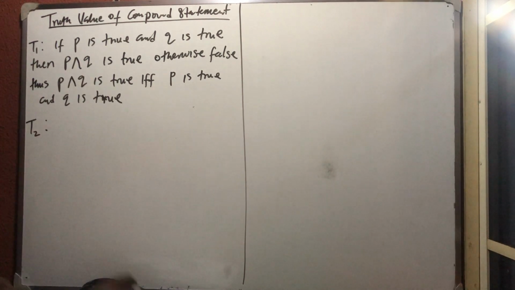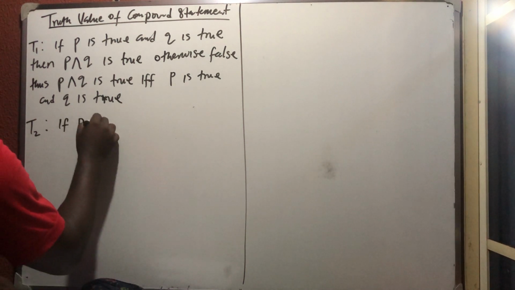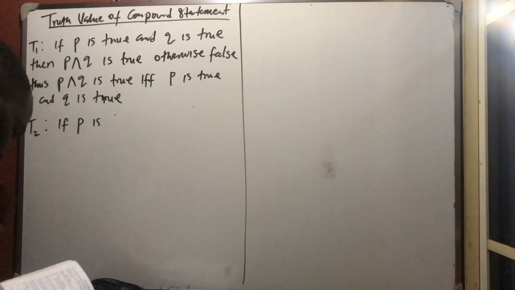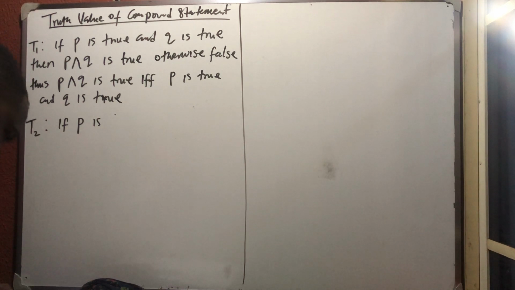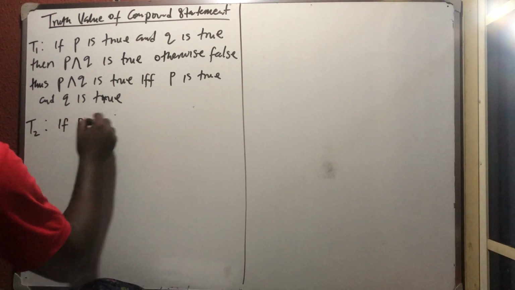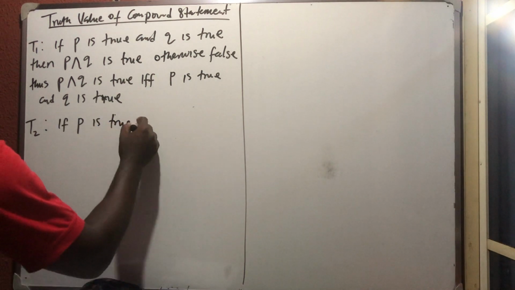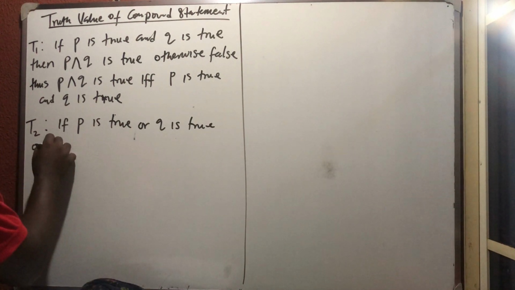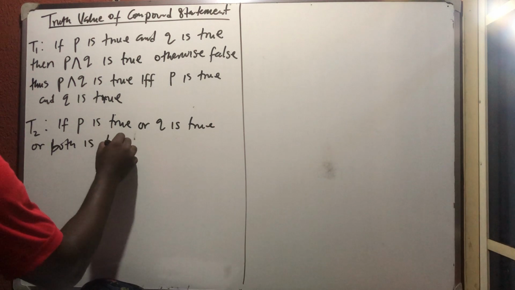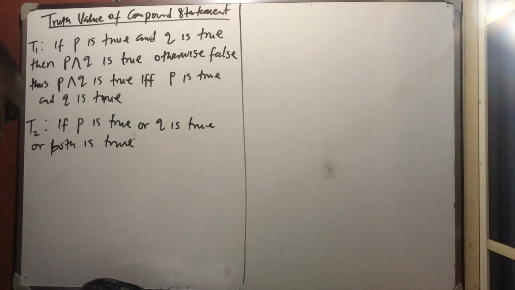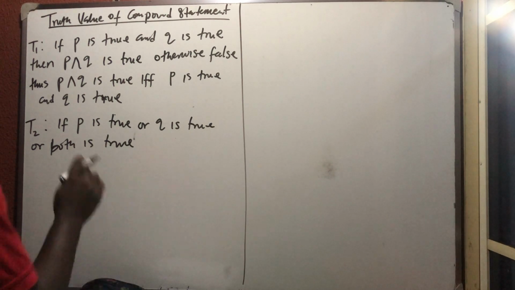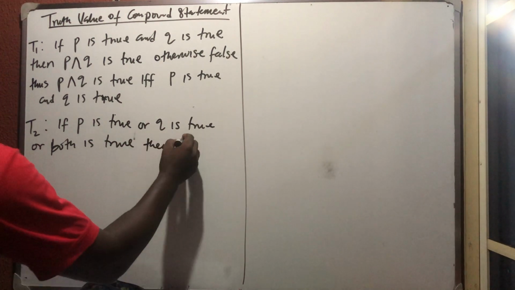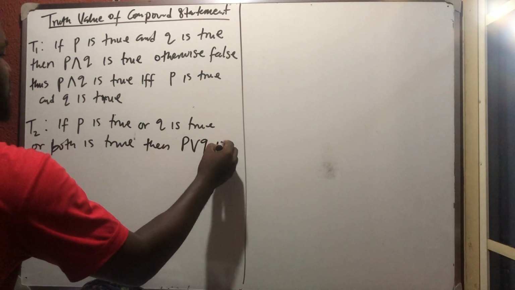So the second truth value you need to know is if P is true, or Q is true, or both P and Q are true, then P or Q is true.